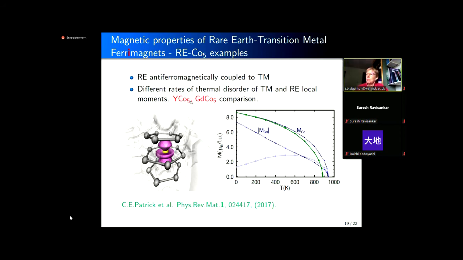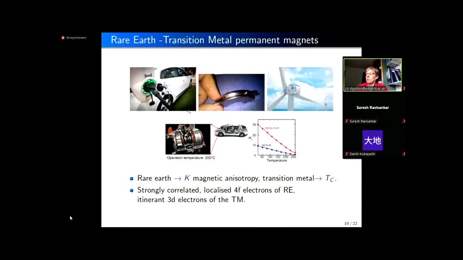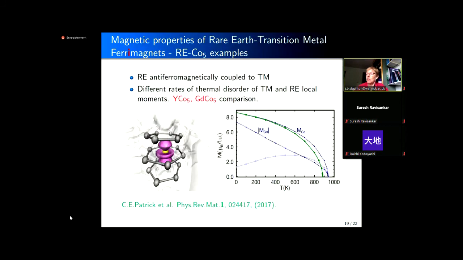But in this project, we want to build it up in stages. So we've got these various aspects to deal with. The first thing we thought we would handle is the itinerant electron component. So we would look at something which is chemically very similar to a rare earth, to a lanthanide, so another rare earth, yttrium, but it has no f electrons. So we would look at the disordered local moment theory for that.